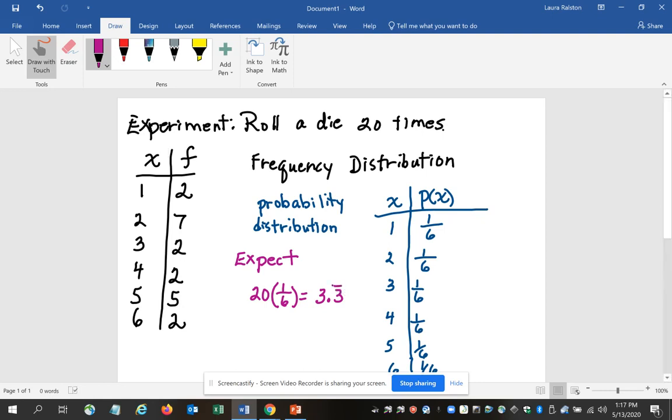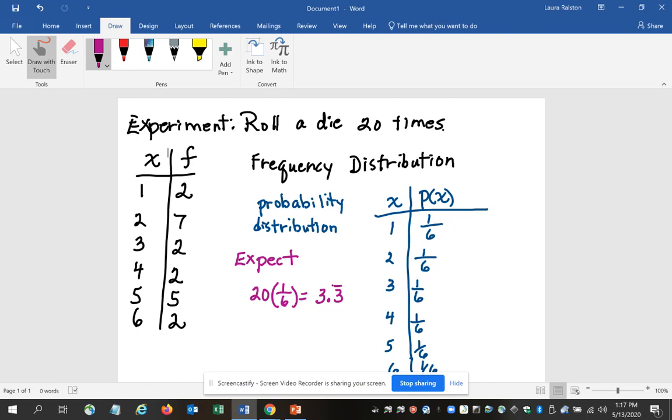So I should expect, when I roll a die 20 times, between 3 to 4 ones, or I should expect to roll the number 2 3 to 4 times, 3.3. That's why I'm saying 3 to 4 times.